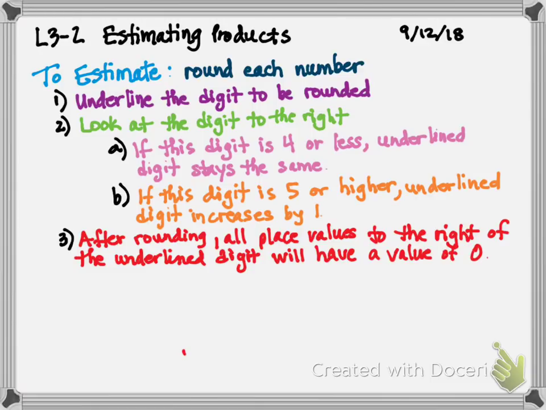So again, all those digits that come after where we rounded, they are now going to be replaced with zeros. Now that we've done all that hard work, we finally get to take an operation action, and we are going to multiply. So now multiply.